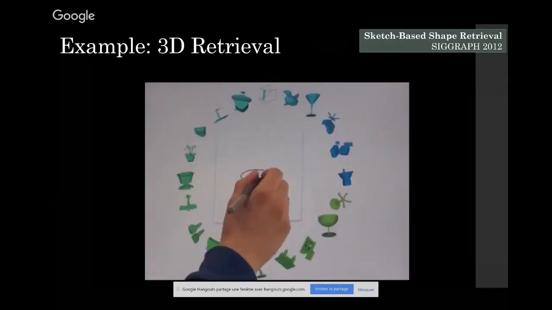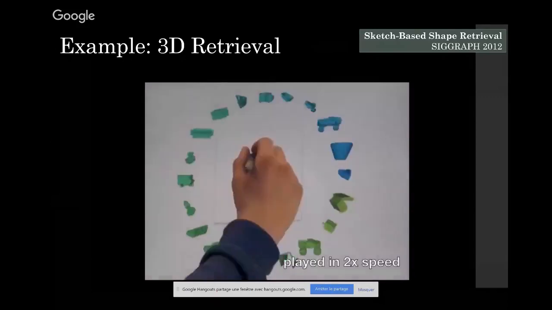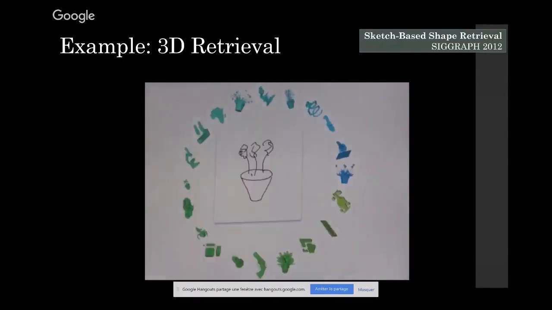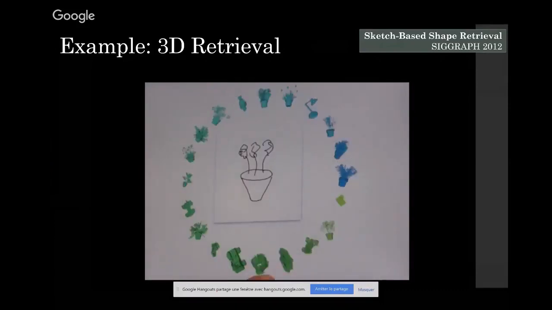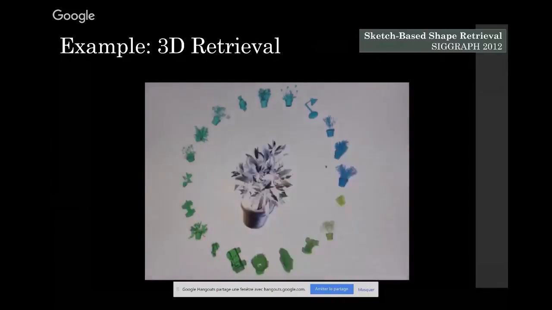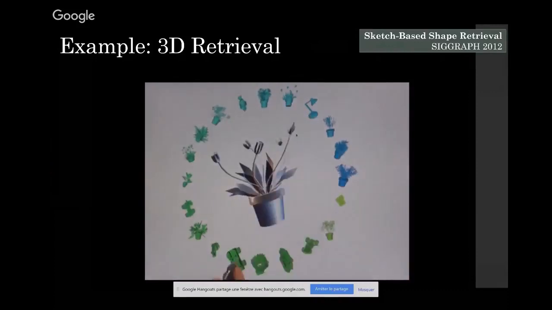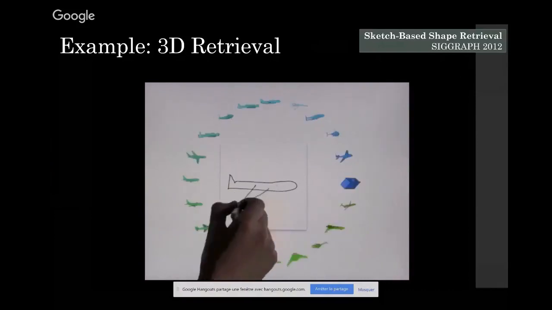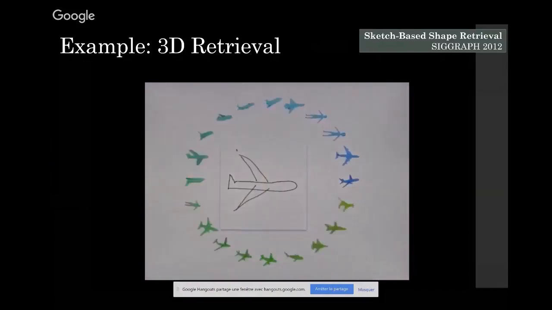So this is an example of the system going live. So basically draw, and while you draw, the system is fast enough so that it refines the queried model and the list of potential 3D objects that looks like what you just drew. One interesting feature is that there is no keyword that you have to enter on top of the drawing. You just draw, and that makes the system kind of international. It doesn't depend on the language you actually speak.